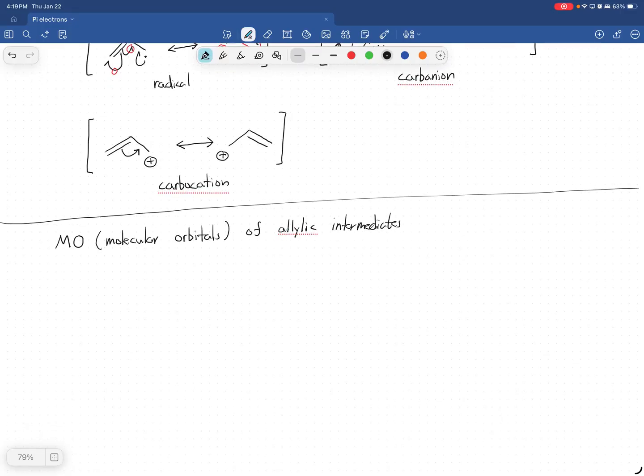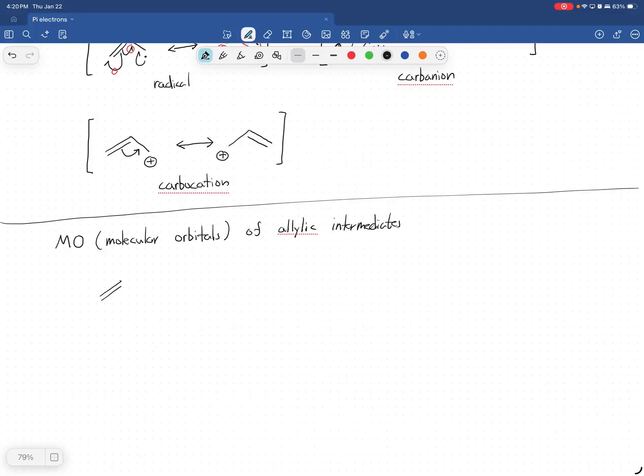Often this theory explains what steric hindrance cannot adequately explain. So we can't always rely on saying, oh, it's because of steric hindrance or resonance. We can't lean on those all the time.